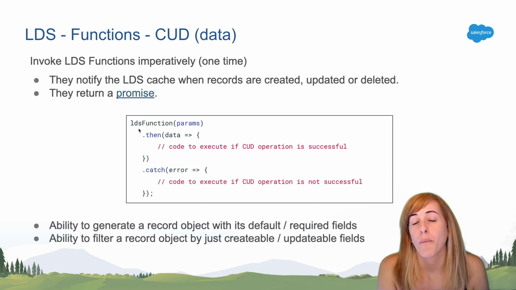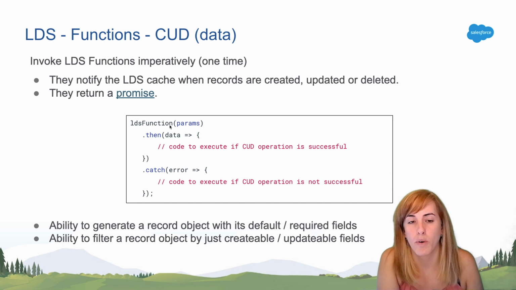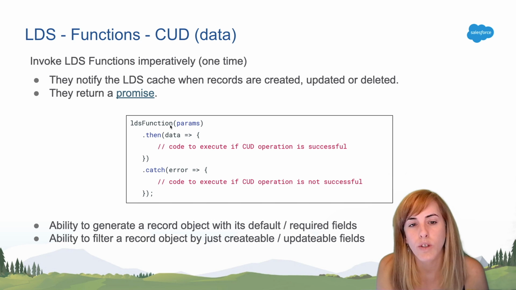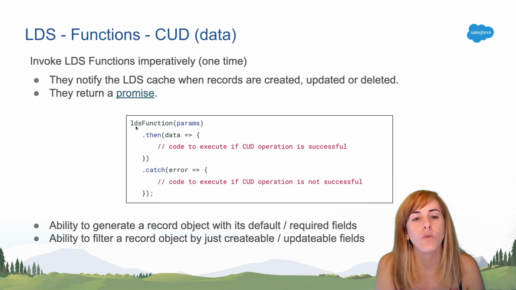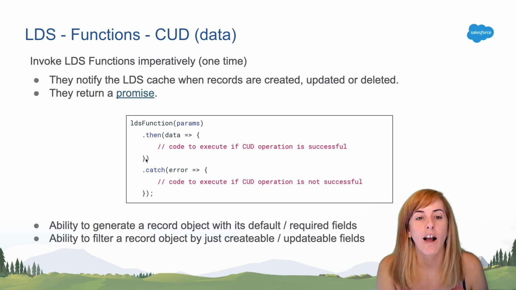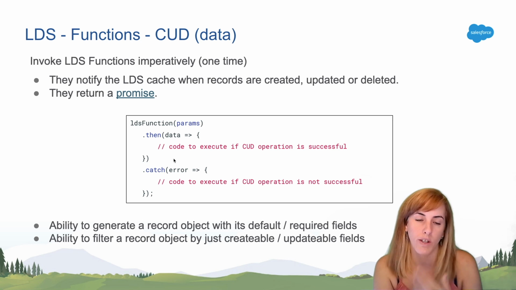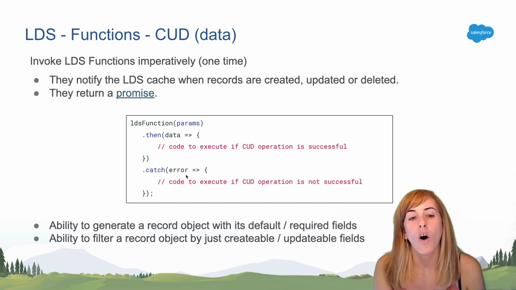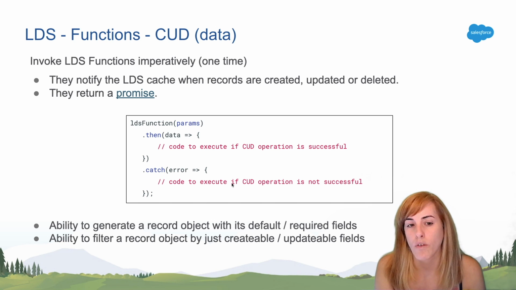Well, these functions return a promise because the operation is performed asynchronously. So what you can do is call the function, passing in the parameters that the function needs, and then pass a callback that will execute when the operation is successful, or a callback that will execute when there is an error.